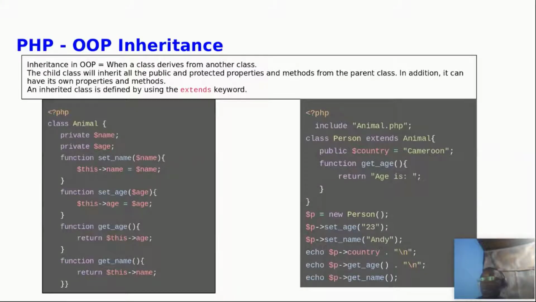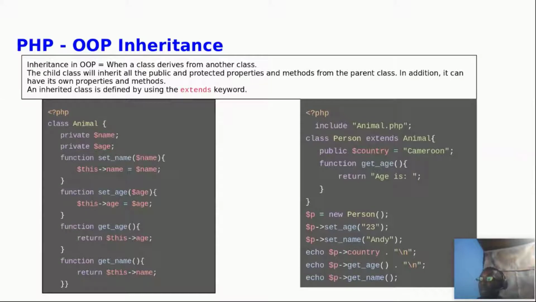A clear example is illustrated here on the screen. You have a class called animal, which has properties like name and age, and some methods like set name, set age, get age, and get name, to set the age and to get the age.